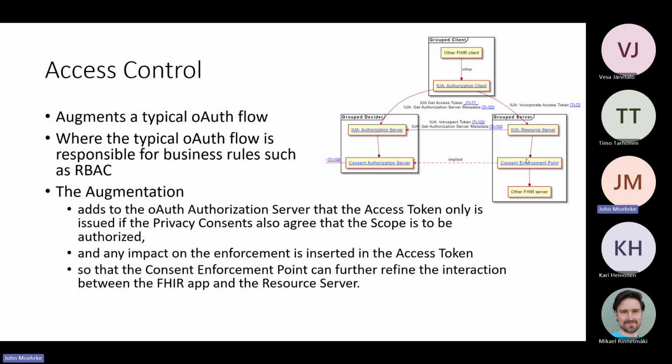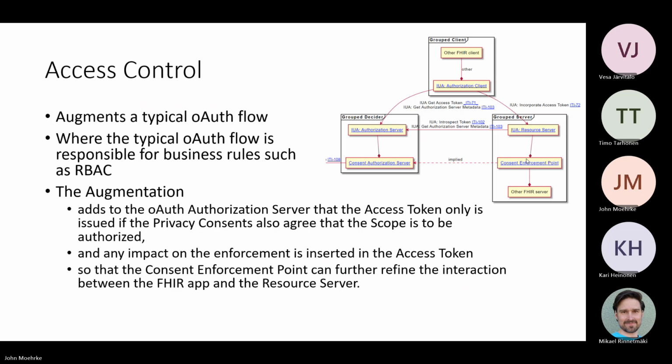So in the case where it's an outright reject, we're done, the token is not issued. In the case where the patient said no worries, everything's a good go, then it can also just be your normal OAuth flow. But at least then the decision is informed by the consent status.